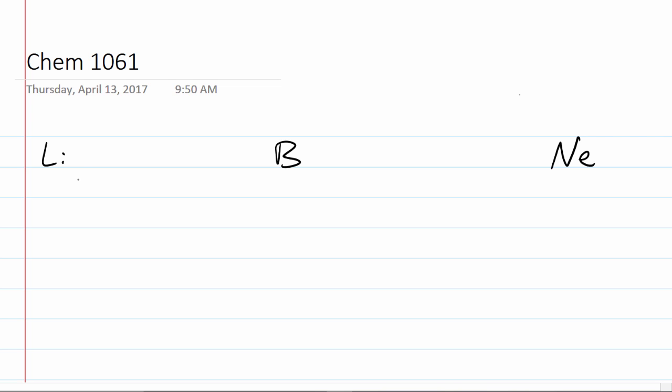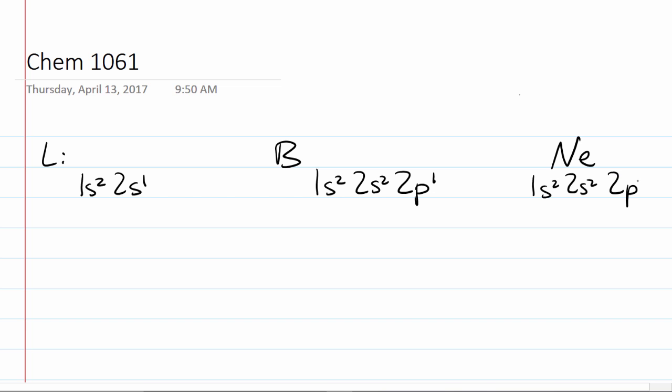The configuration of lithium would be 1s2, 2s1. The configuration of boron would be 1s2, 2s2, and boron is in group 13, so it's going to end with 2p1. And neon is going to have a configuration of 1s2, 2s2, and will end with 2p6.